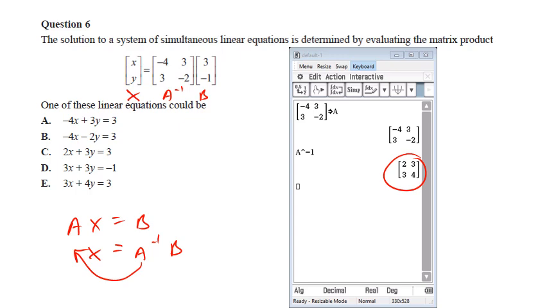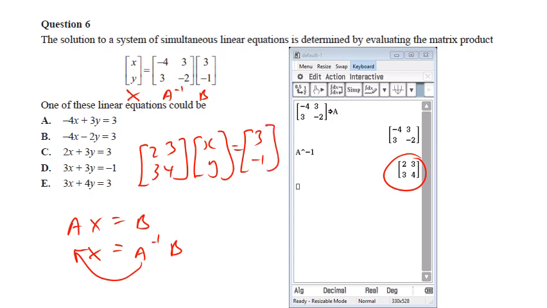So I know now that 2, 3, 3, 4, x, y equals 3 neg 1. And that's my AX equals B, the format that we're used to.